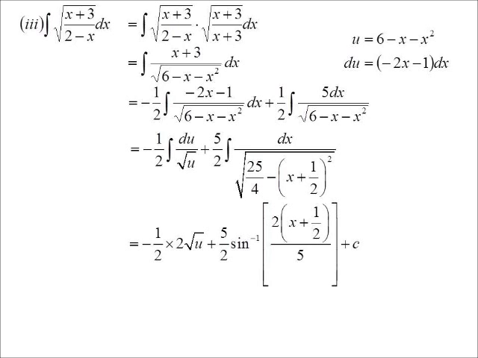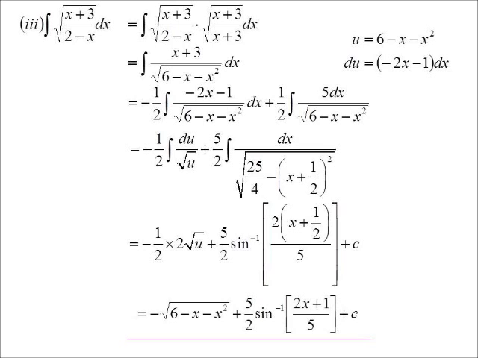That's our inverse sine. So du on root u becomes the 2 root u. And we get 5 on 2 inverse sine of 2x plus a half all over 5. Let's tidy that up. So subbing in for the u, and then getting rid of the fraction on a fraction, we get inverse sine of 2x plus 1 on 5.